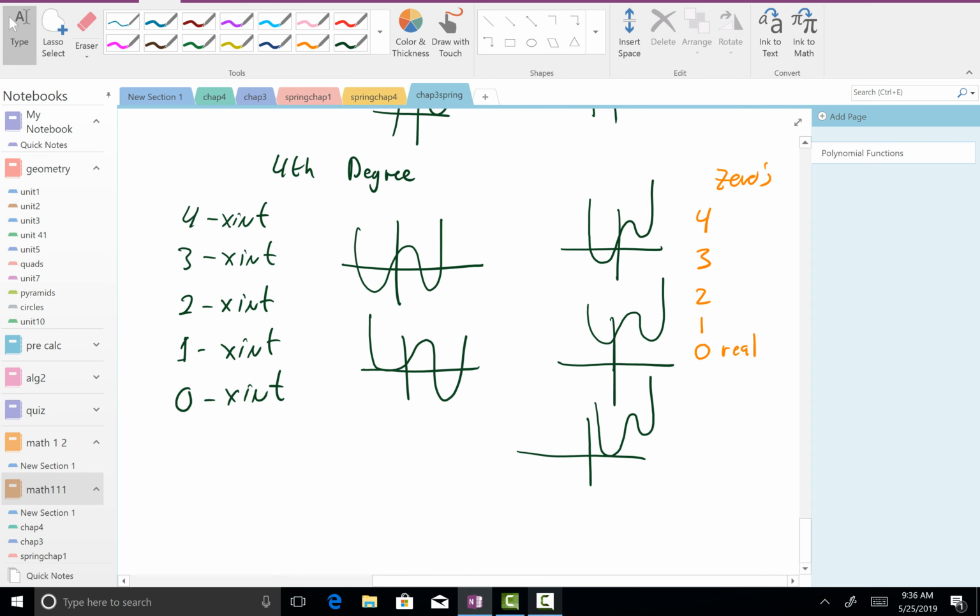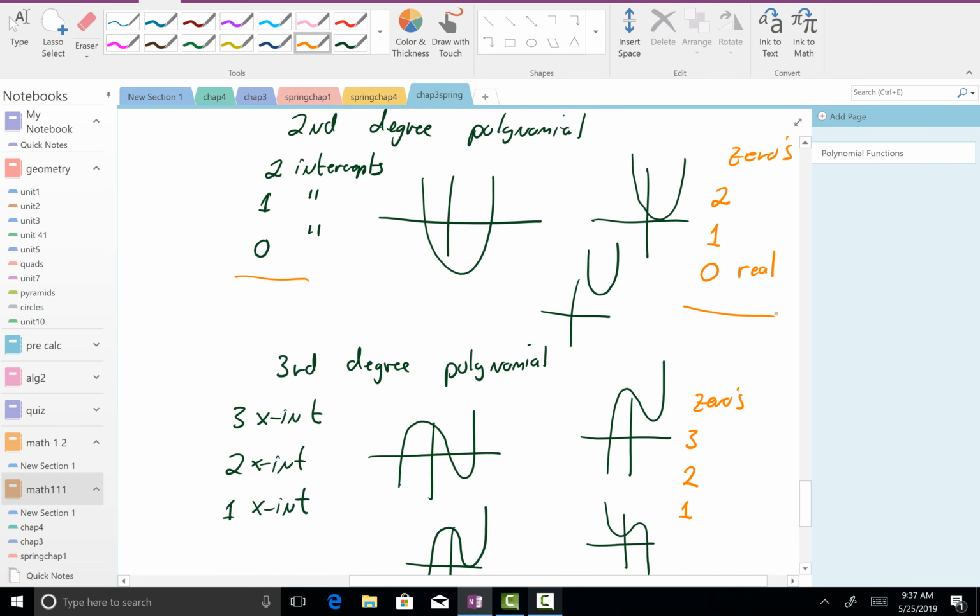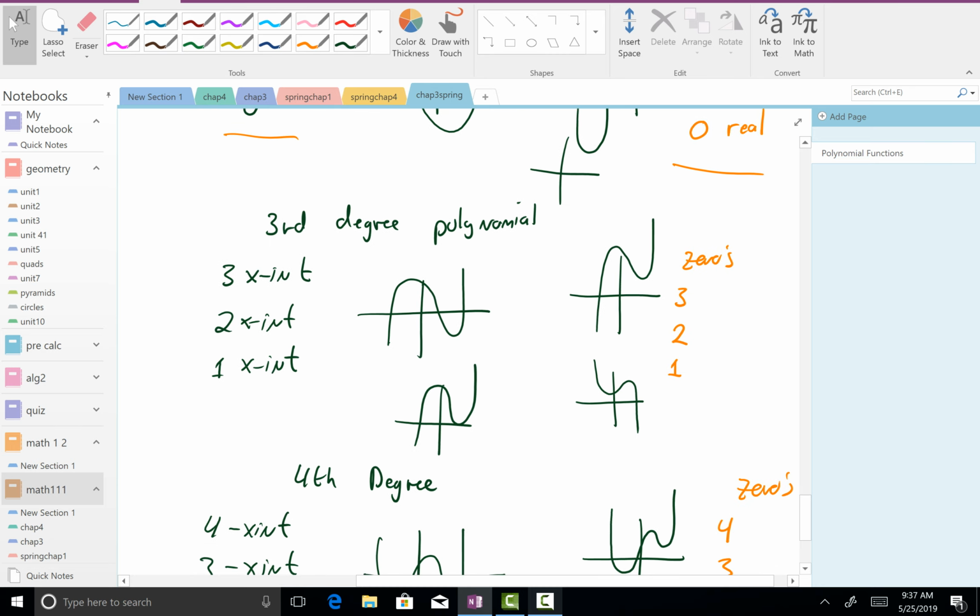If we have an even degree, then there's always this possibility of not having any x-intercepts. But when I have an odd degree, I've got to have some sort of a crossing on the x-axis. It's got to happen.